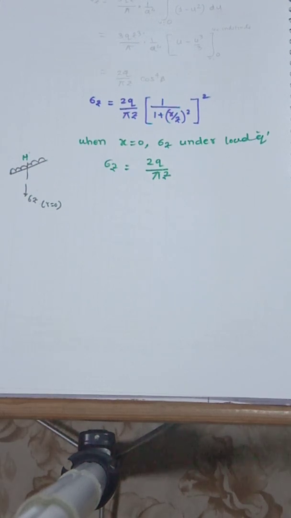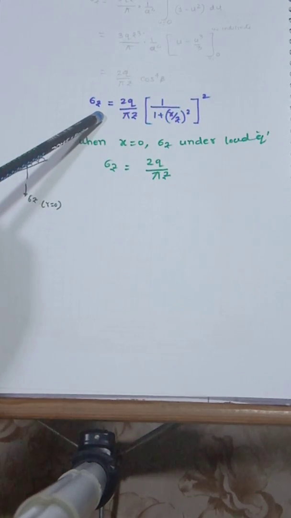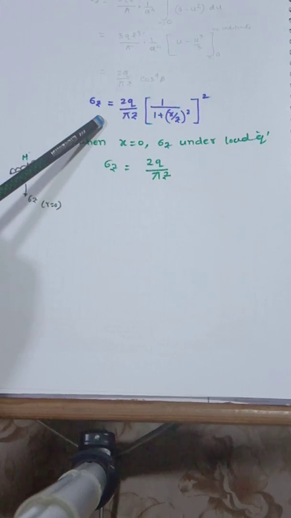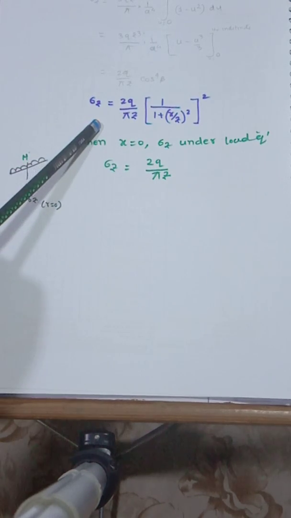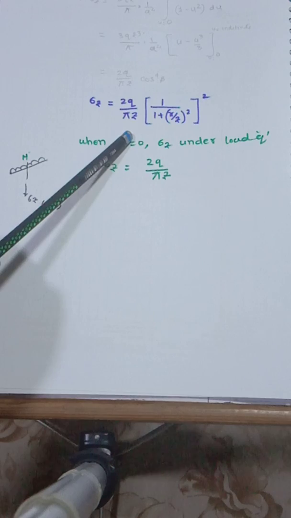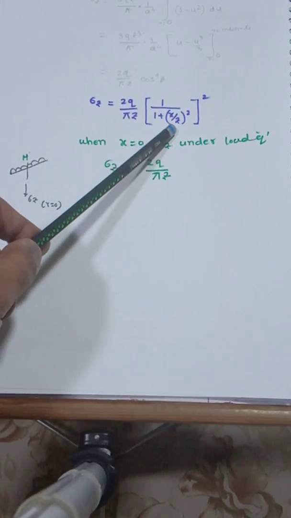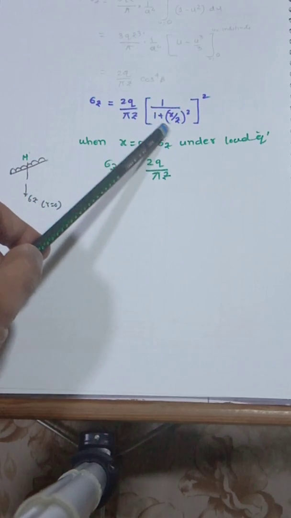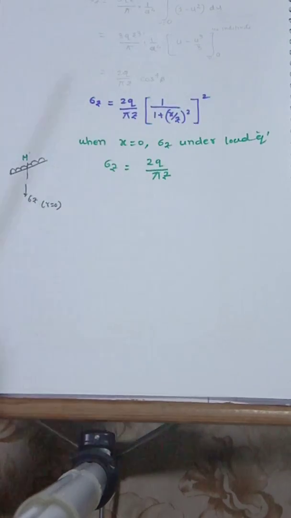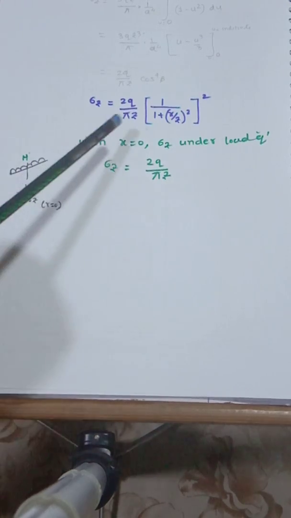Okay, the final result you get is the stress at a distance z, which is r distance away, or x and y distance away, is 2q upon pi z, and is a function of r by z, this square and this total bracket square. So this is at a distance r.